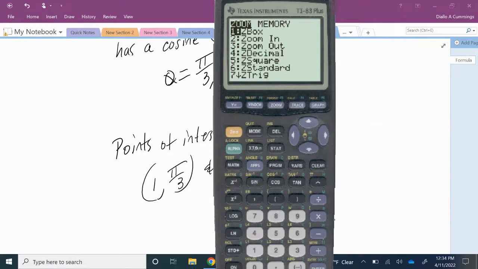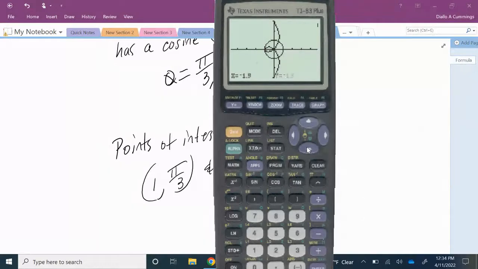Let's see, I'm going to go to zoom box and make a box just around this piece, and it should blow that up. All right, I'm going to hit trace, and I believe it's going to allow me to trace.